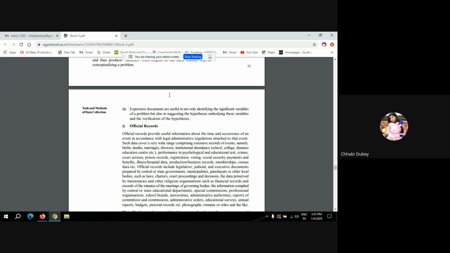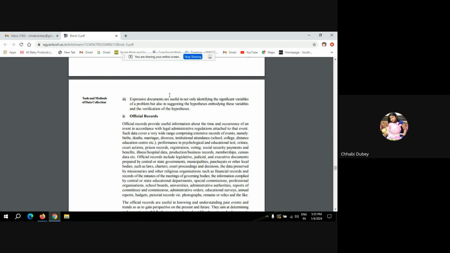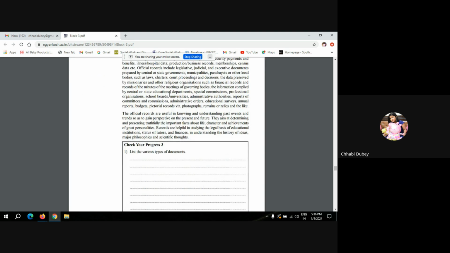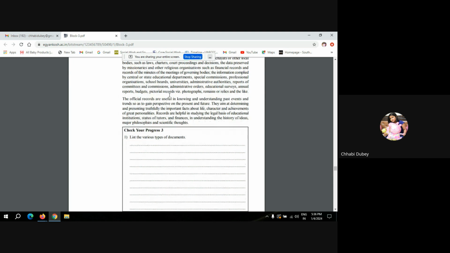It could be the FIRs, prison records, registrations, voting, social security payments and benefits, the hospital data, and any such data which are actually kept officially. There could also be some other official records like the legislative documents, judicial documents, or some other executive documents which may be used by the researcher to understand a particular problem at hand. So these are the expressive documents, and then we have the official documents.